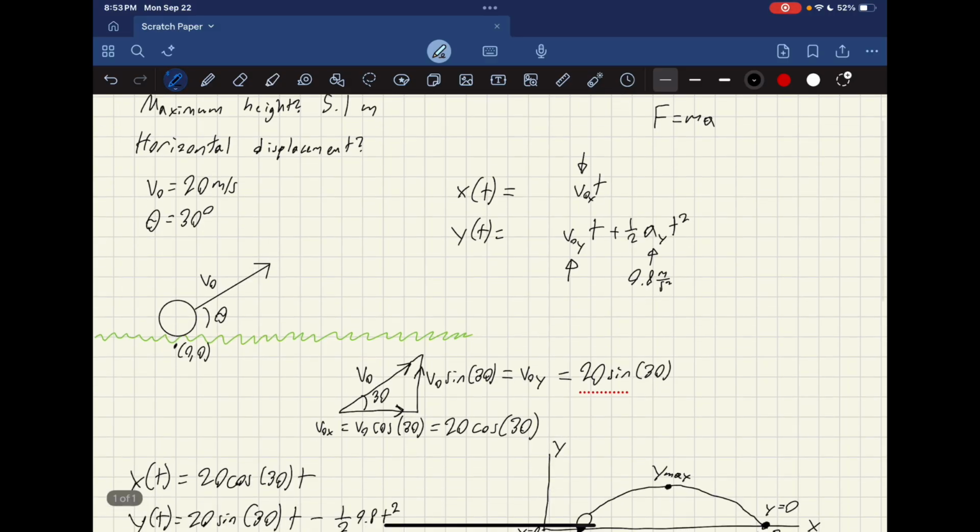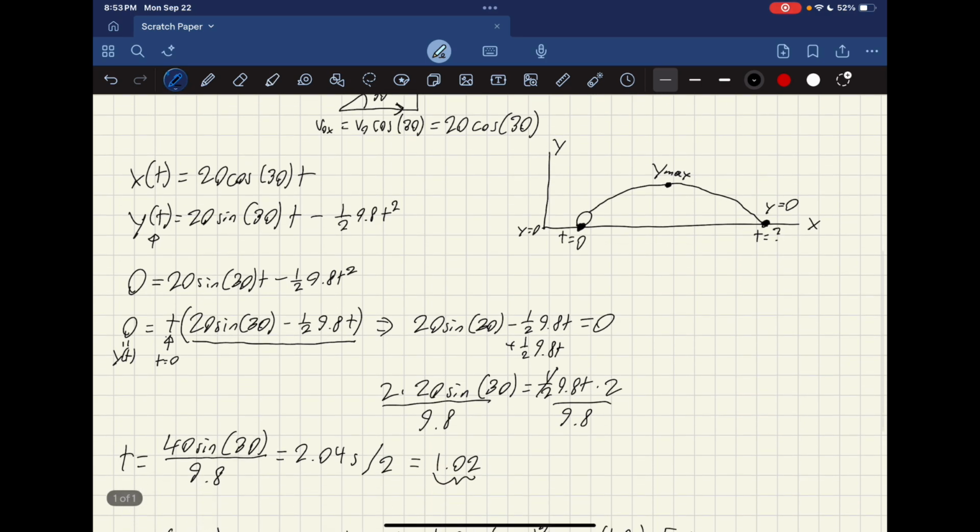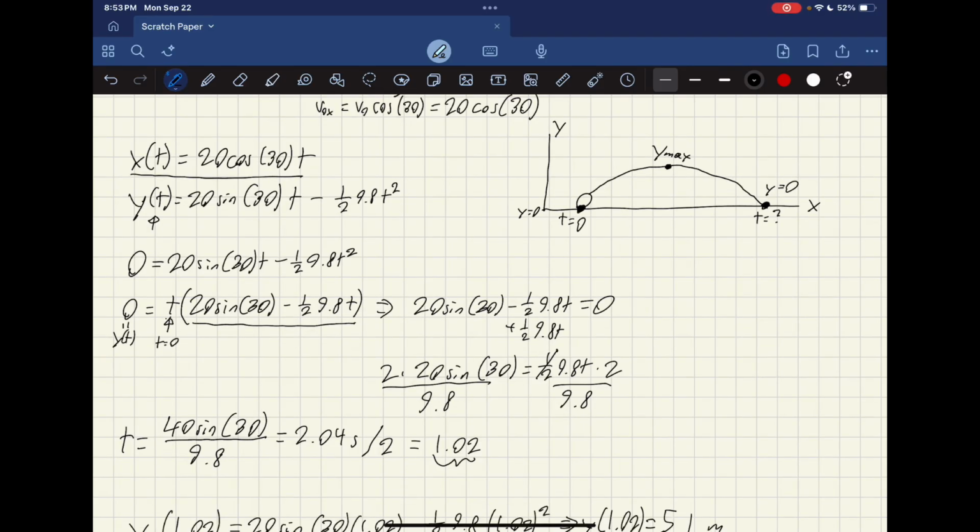So now we'll do the horizontal displacement, and we'll use really the exact same method and plug it in for x of t. So we know that over here we have y equals 0, and this is the end of the arc.